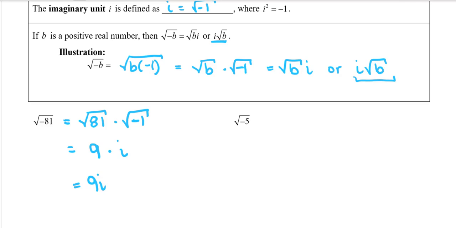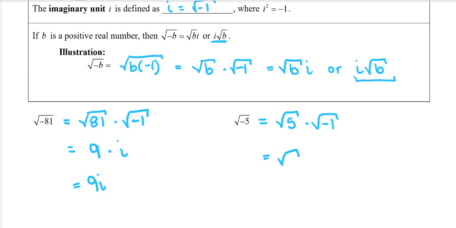All right, I'm going to assume we've done that if so desired. So we have the square root of 5 times the square root of -1 if we split that up. 5 is not a perfect square, and it's already a prime number, so we can't break it down any further.